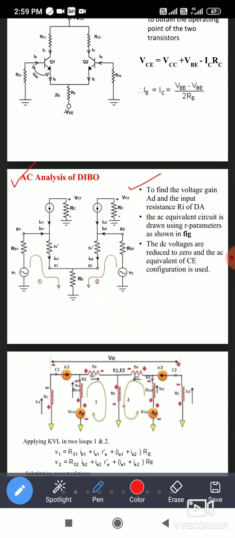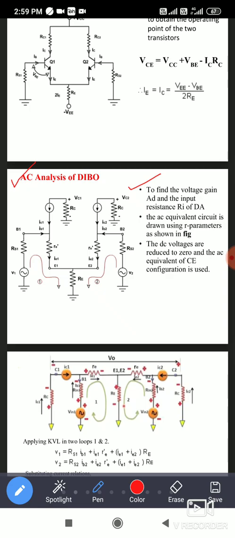Because what is a good amplifier? One whose input resistance is very high. Are you getting my point? So input resistance plays a very important role. To find the expression of voltage gain, which we call AD, and the expression of input resistance Ri, we have to do the AC analysis.